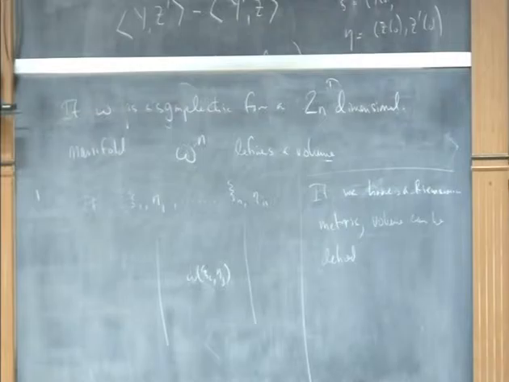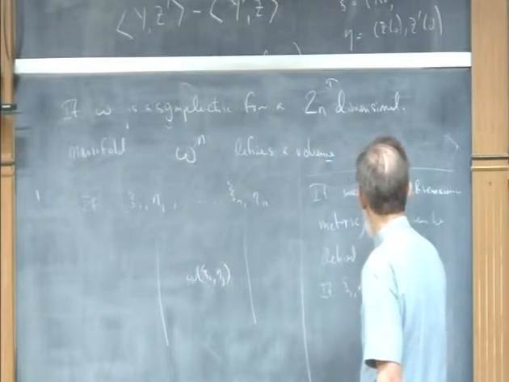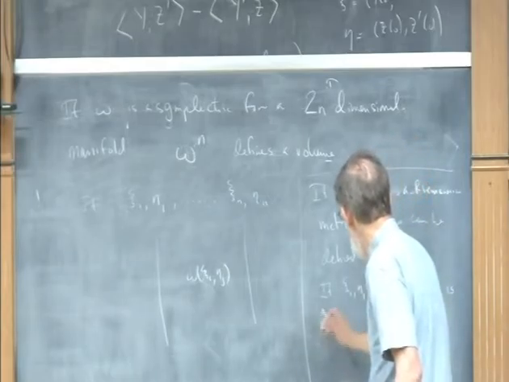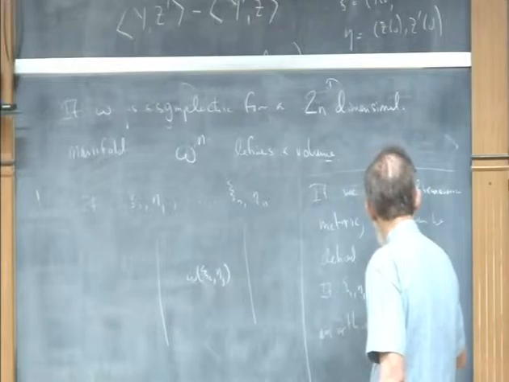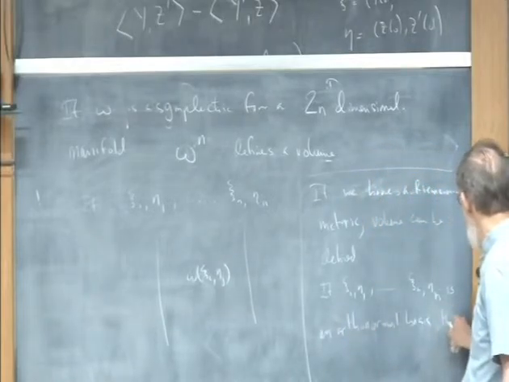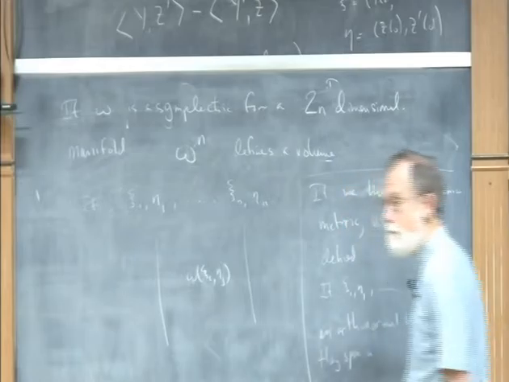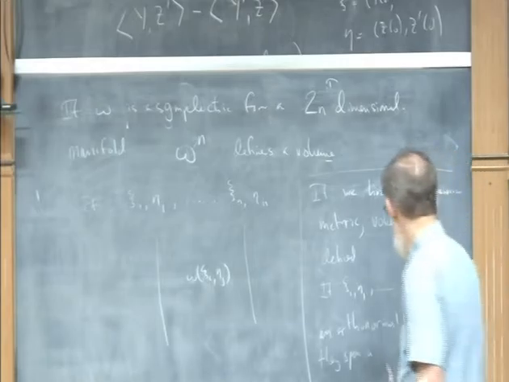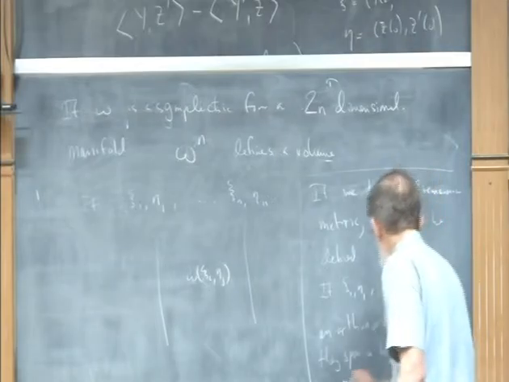Basically, all you've got to do is decree that if xi 1, eta 1, up to xi n, eta n is an orthonormal basis, then they span a hypercube of volume 1.